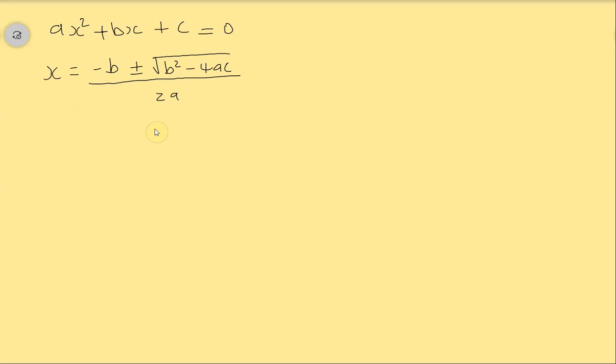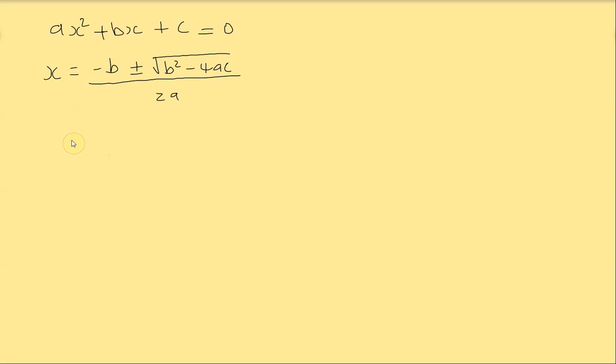Or if the numbers in the equation are large and you would rather not worry about finding factors of a large number that can add to give you the middle term, then you can always go for the quadratic formula.